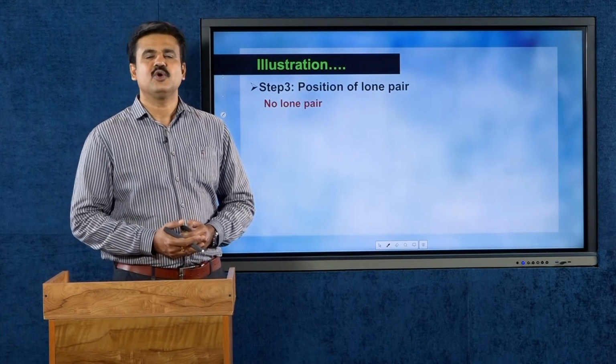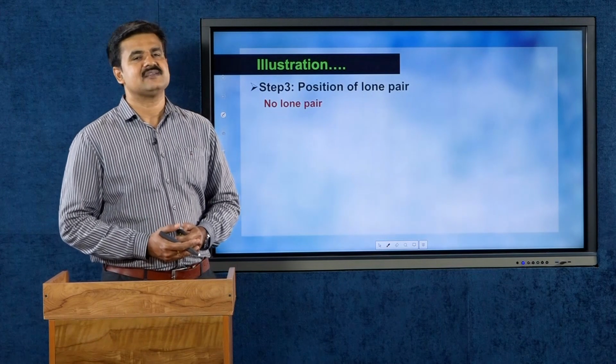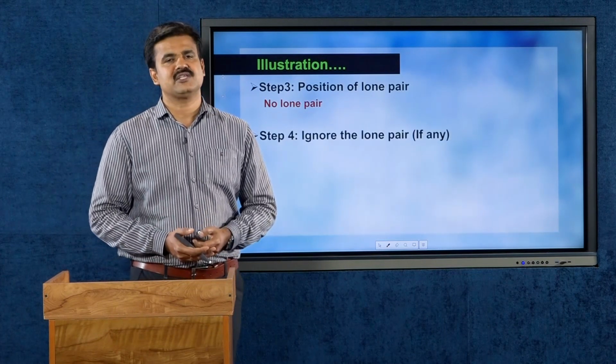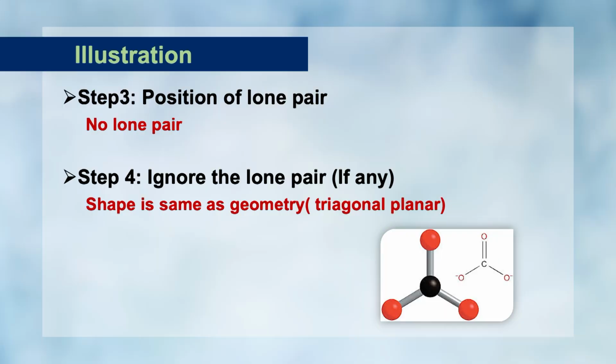In the last step, you are going to ignore the lone pair. Since there is no lone pair, the geometry is the same as the shape. Both are trigonal planar. That is, the carbonate anion shows trigonal planar shape as well as trigonal planar geometry.